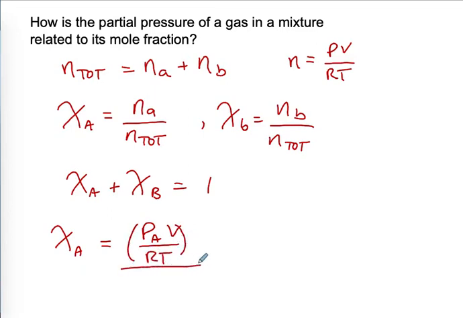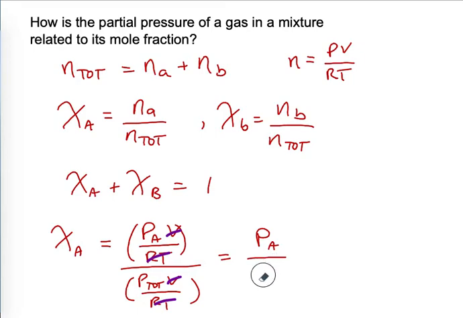And the total moles will simply be equal to the total pressure times V over RT as well. As we can see, V, R, and T cancel, and we simply get that the mole fraction of A is equal to the ratio of the partial pressure of A to the total pressure, which makes perfect sense.